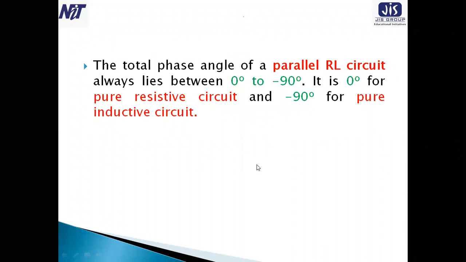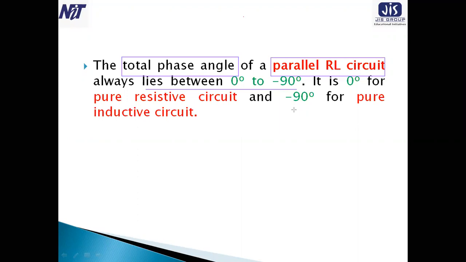So what is the conclusion? Look here carefully: the total phase angle of a parallel RL circuit always lies between 0 and minus 90 degrees. We already talked about this.